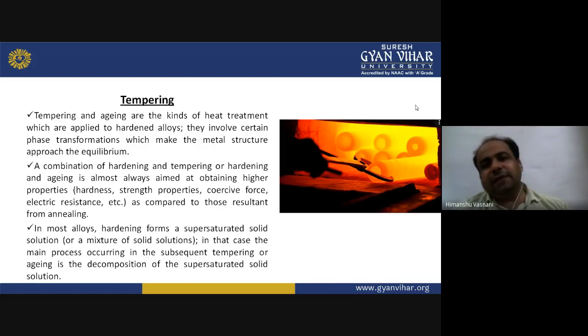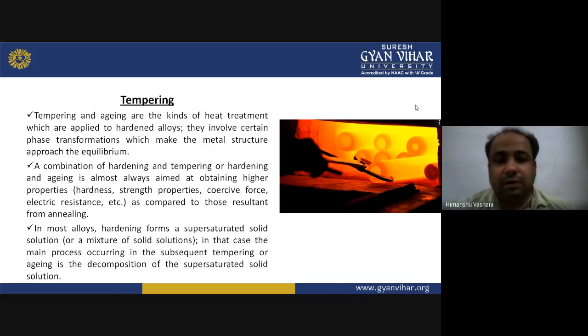After that, tempering is also a heat treatment process, normally applied to alloys, to make a better metal structure or to improve the properties of the workpiece for a certain application. Obviously, heating at multiple temperatures may occur in this also.